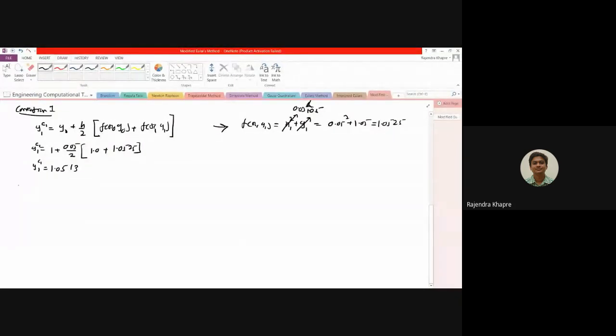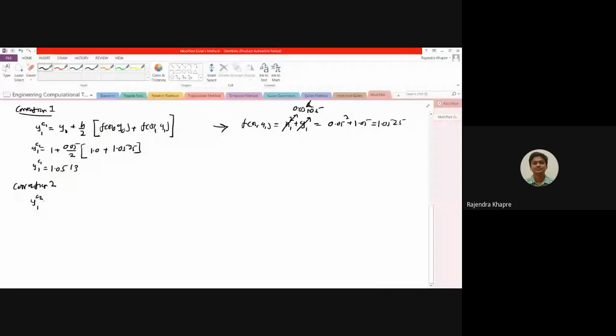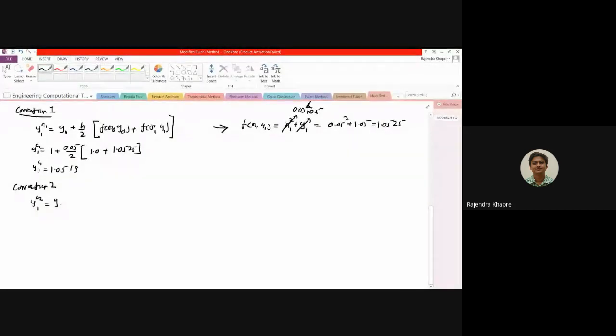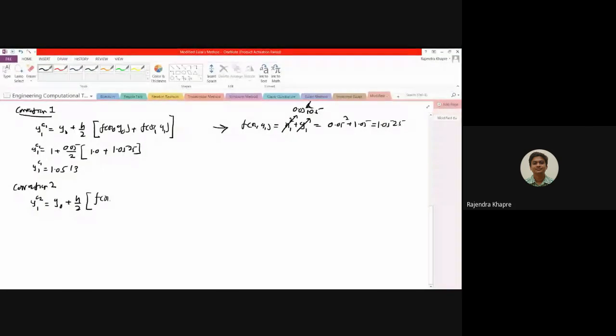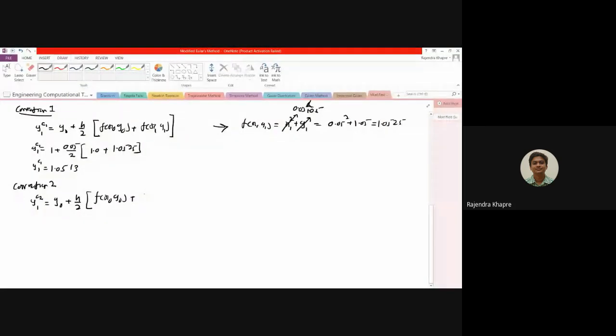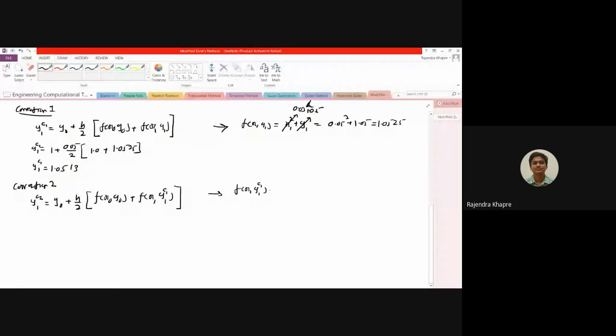So let us go for the second correction. I'll say y1 corrected for the second time. We are going to use the same expression, that is y0 plus h by 2 into f of x0 and y0, plus f of x1 and y1, but this y1 will be the latest value, and presently the latest value is the first corrected value. So we need f of x1, y1 corrected for the first time.